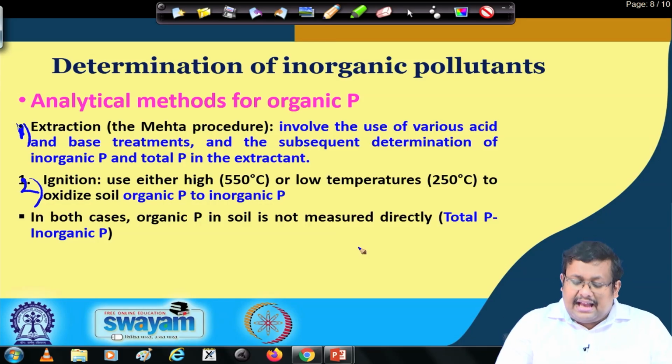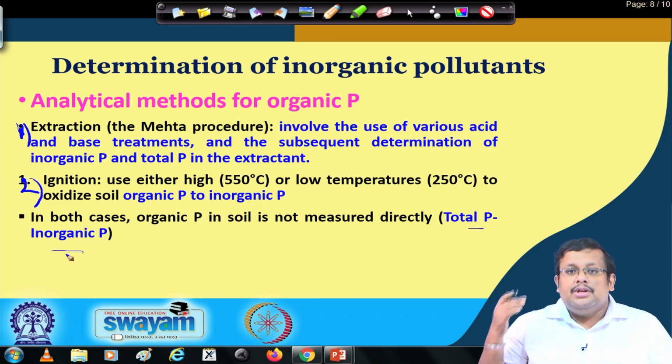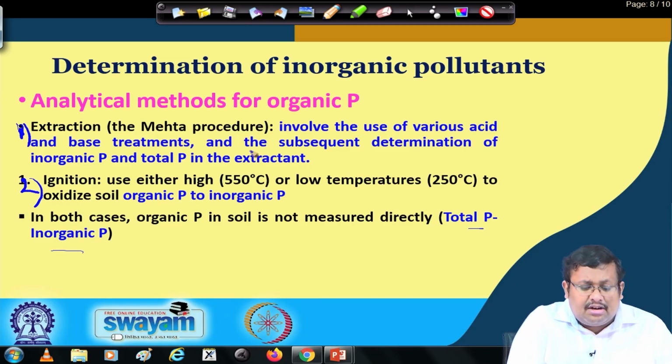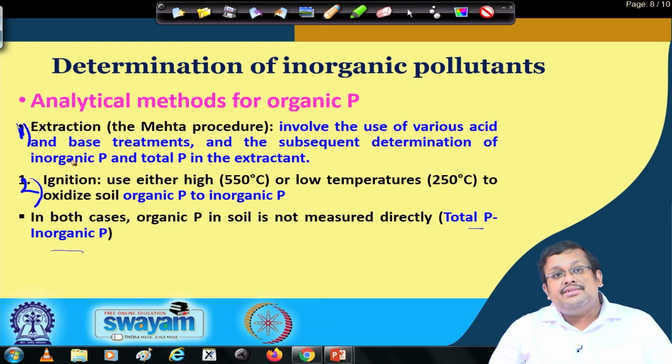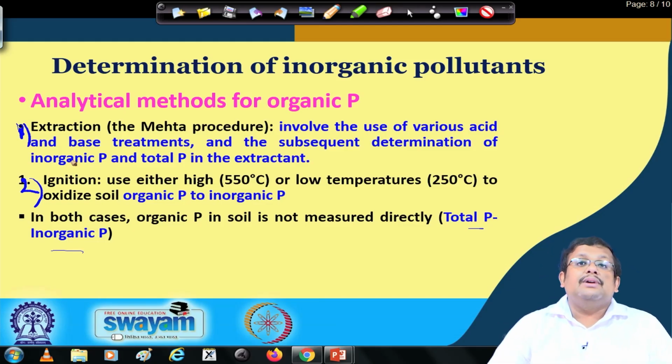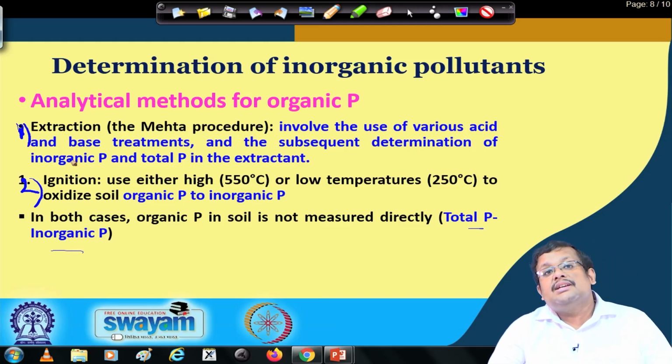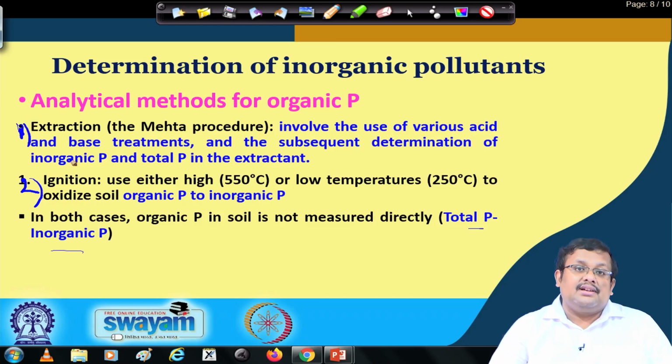How? They either measure total phosphorus and inorganic phosphorus and subtract them to get the organic forms of phosphorus, or they measure the organic phosphorus after it is converted to inorganic phosphorus. The extraction or Mehta procedure involves the use of various acid and base treatments and the subsequent determination of inorganic phosphorus and total phosphorus in the extractant.